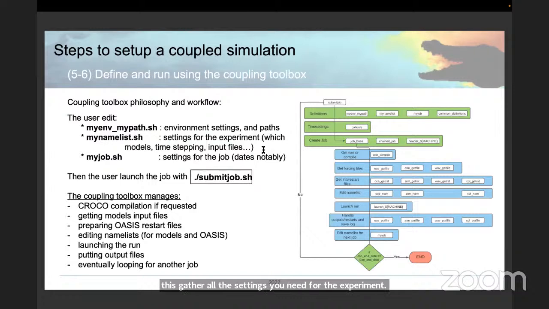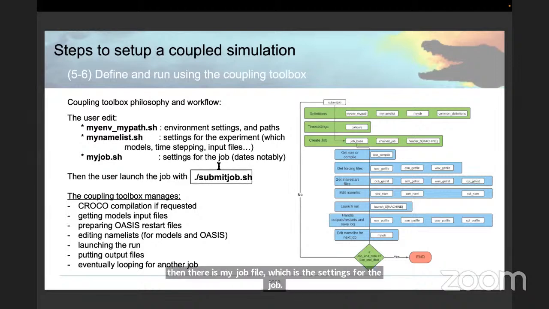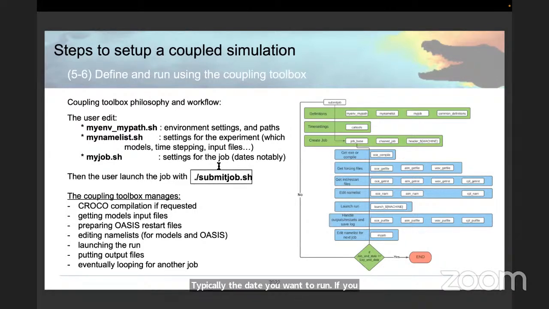What are the input files and stuff like that? And then there is the my job file, which holds the settings for the job, typically the date you want to run. If you want to run only one simulation, or one simulation for each month with a restart in between, or stuff like that. And normally, once you have filled in these three scripts, you don't have to launch them. They will be launched automatically. You just have to launch submit job, and it does everything.